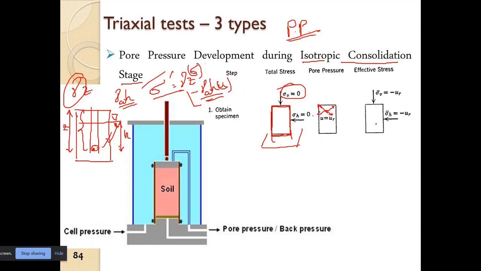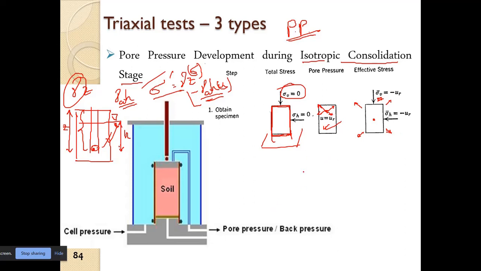Because of that pore water pressure, we have an effective stress which is trying to make the sample expand.